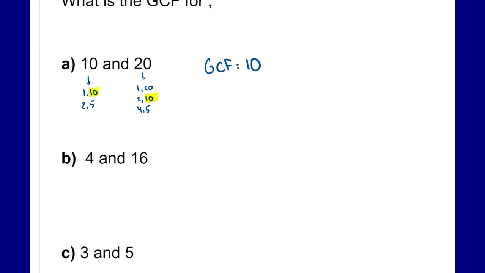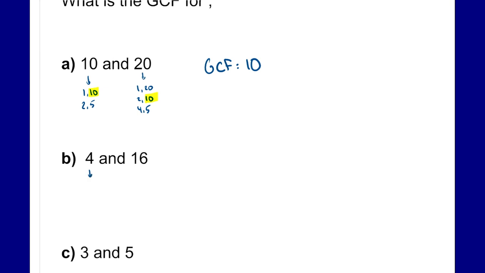Now you don't have to go through and break each number down into its factors if you understand what numbers multiply to give us 10 and 20, right? You don't need to break it down like this if you don't want to. But again, it can be helpful if you're stuck. 4 and 16. Again, same idea.